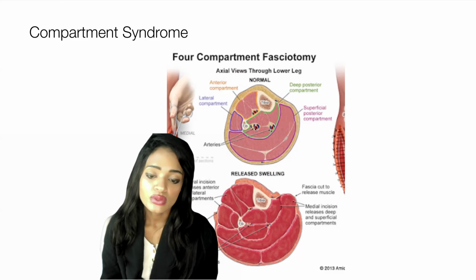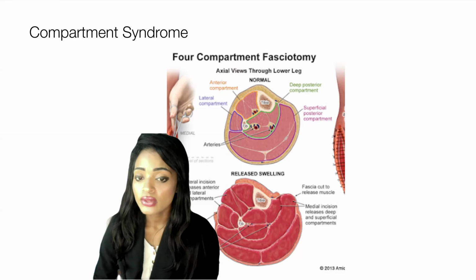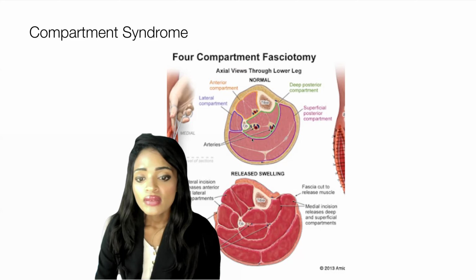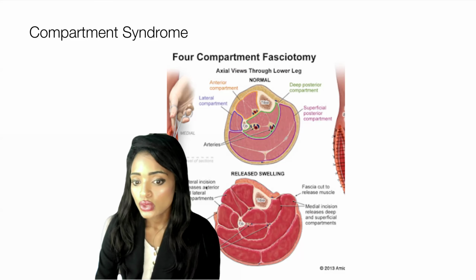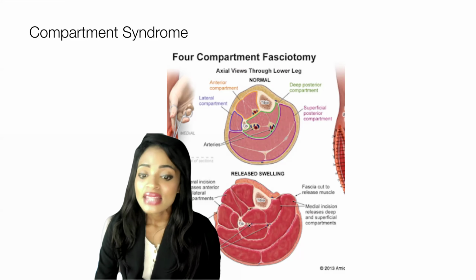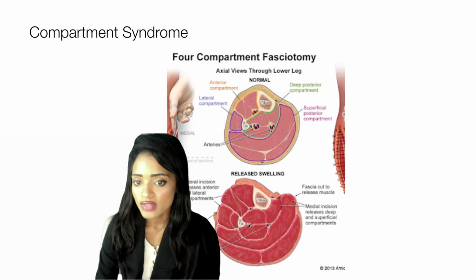These blood vessels bring oxygen and nutrients to the muscle fibers, and they bring away CO2 and waste. However, if an individual has a trauma or an injury, we can see that there's swelling in the muscle compartment, and you can see that swelling compresses the blood vessels.